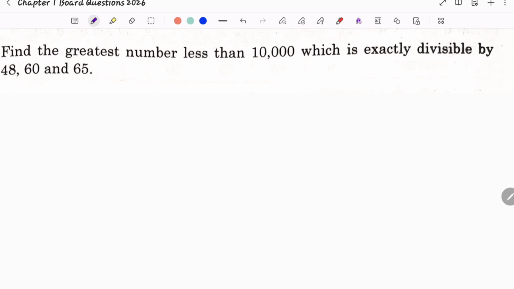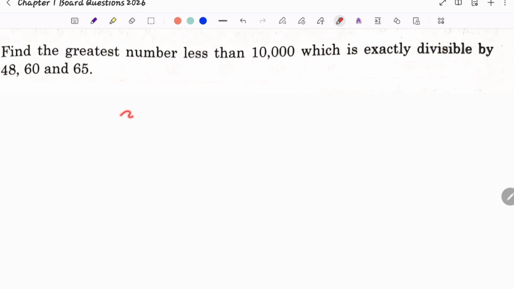Next problem. Find the greatest number less than 10,000 which is exactly divisible by 48, 60 and 65. So we have to find the number, but that number should be divisible by all these.